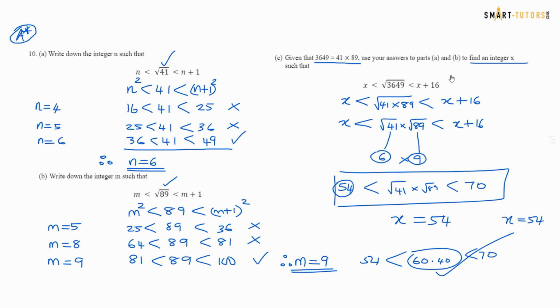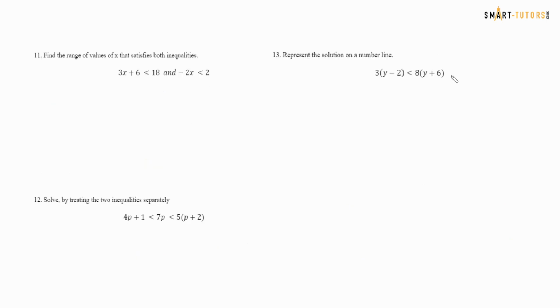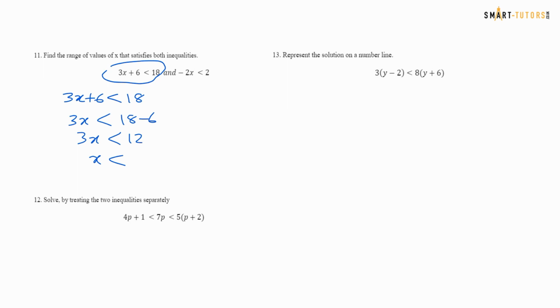Question number 11. Find the range of the values of x satisfying both inequalities. So what we are going to do is we need to do this inequality separately. So 3x plus 6 less than 18, 3x less than 18 minus 6, 3x less than 12, x less than 4.